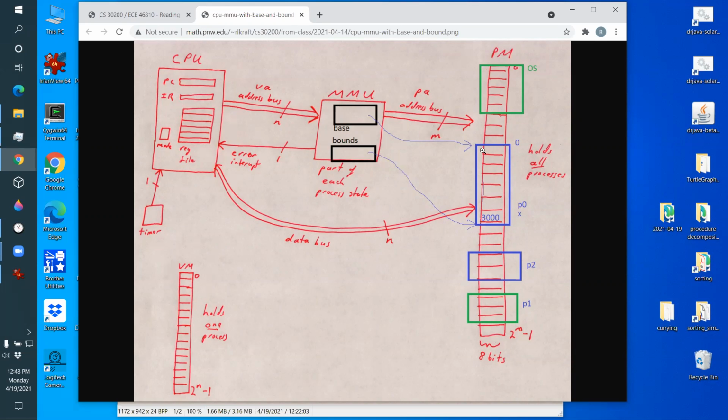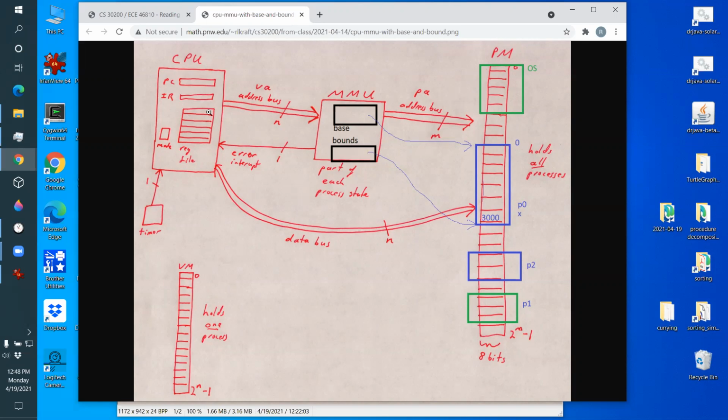It's still a virtual address, but it's also a physical address because the memory management unit is set to 0 and 2 to the m minus 1. M is the number of bits in the physical addresses. N is the number of bits in the virtual addresses. That's the width of these words here.